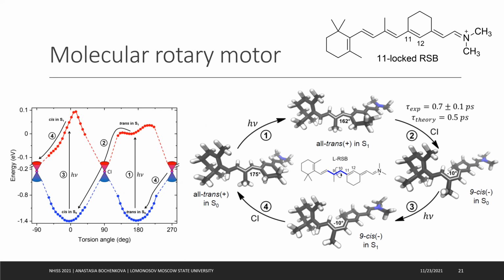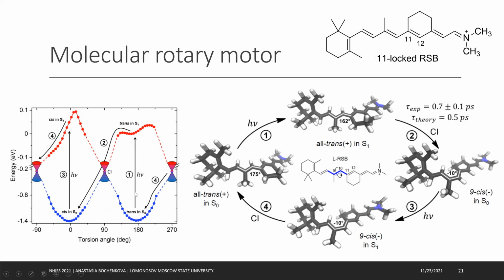And what we can say is that this locked version can indeed be quite promising for designing red light driven molecular rotary motors. First of all, it's driven by red light. The second thing is that the full rotational cycle goes here in only 2 steps, and these steps are ultrafast and photo-induced.